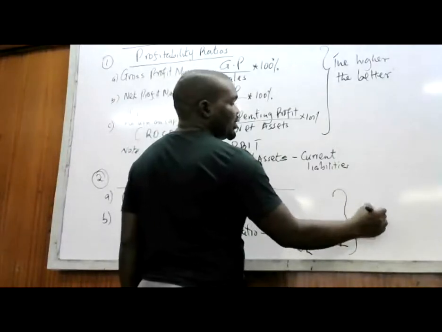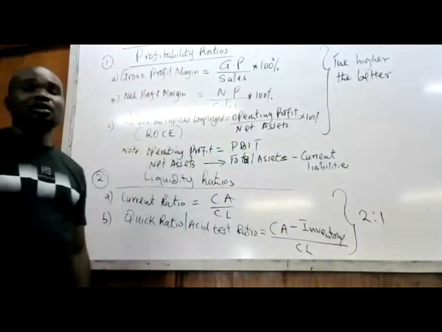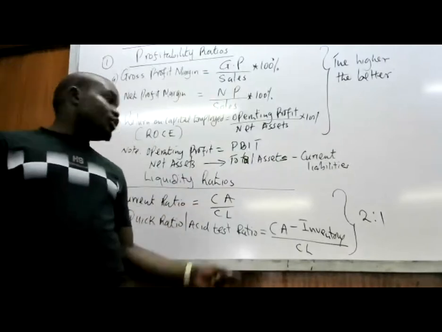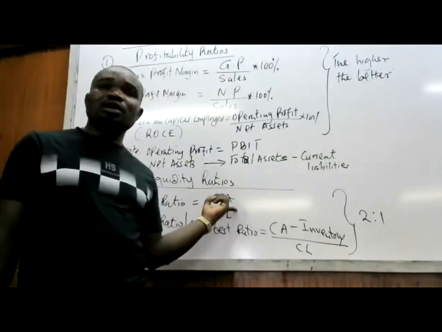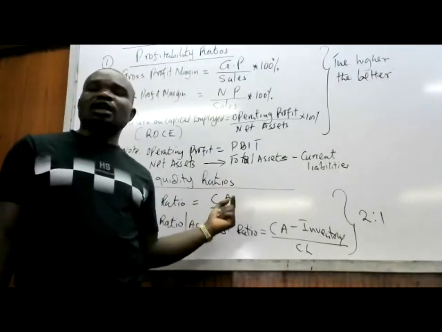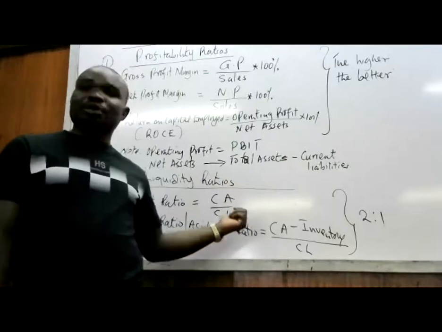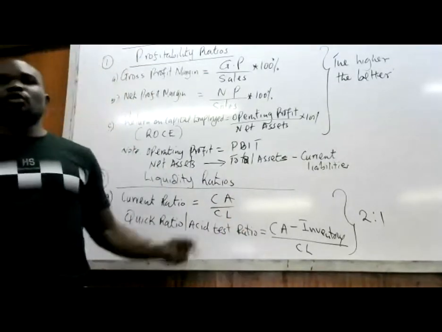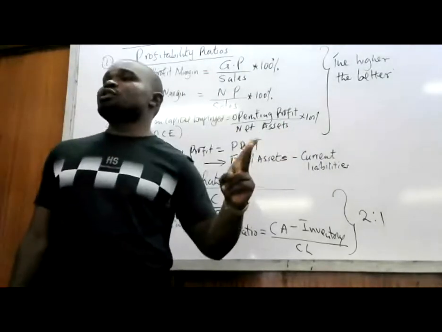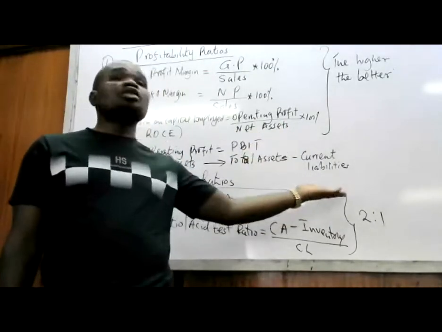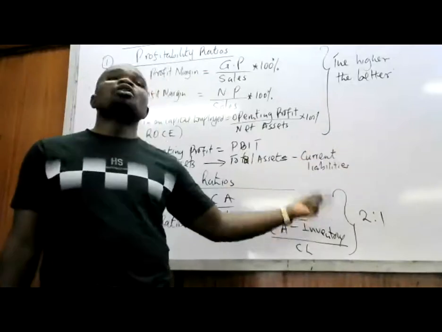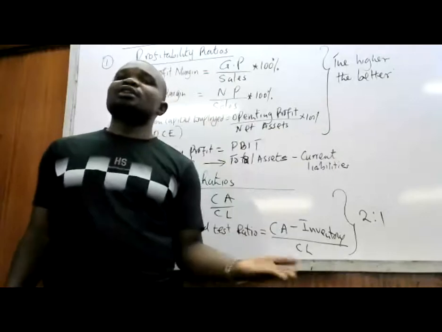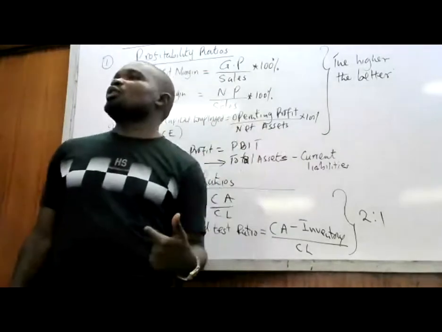The recommended ratio for these two should be 2:1. Your current assets should be twice your liabilities. That means you can pay liabilities and remain with something. When you are comparing two entities or 2 years, and you find one has 0.1:1 and this one has 2, then the one where assets are more than the liabilities performed better than the other one.